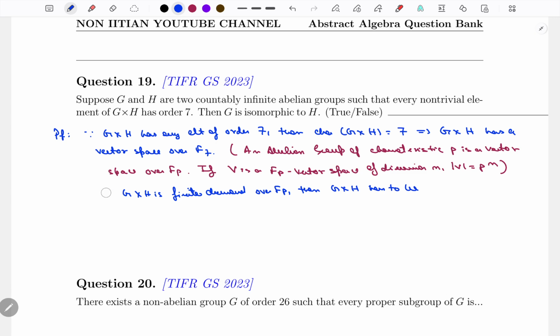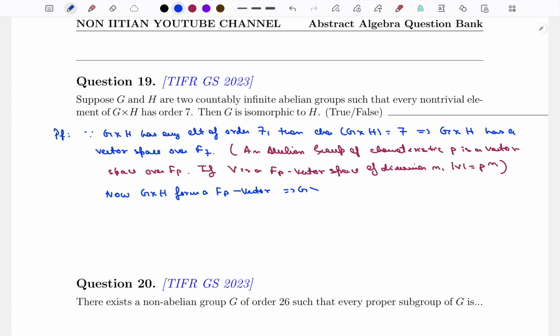See, something which we can see from here itself is the following thing, that G cross H forms an Fp vector space, right? What does that mean? That means that G and H have component wise operations as an Fp vector space. Clear?